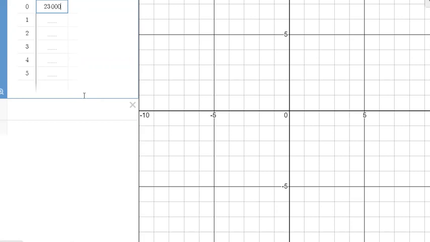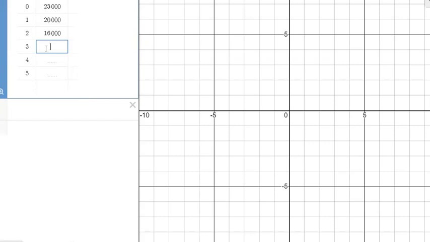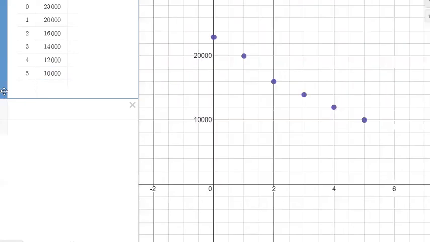Don't put in any commas, please. 20,000, 16,000. 14, 12, 10. Okay, so now I've got all my numbers in. I can't really see them right now, so I need to go down to the bottom of the box and I'm going to hit Zoom Fit. And now I can see all my dots.